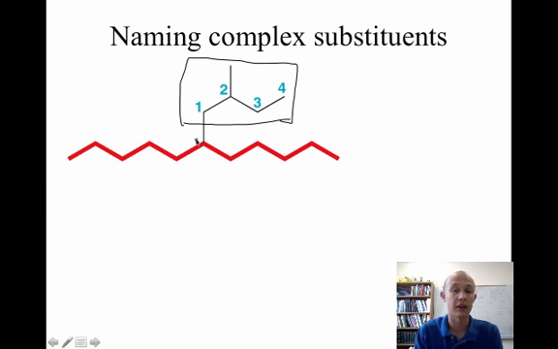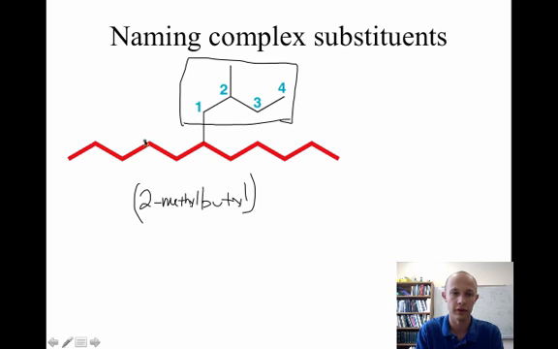So the rules are exactly the same as how we name compounds, right? This is a butyl group, and we have a methyl group branching off the 2, so we call this 2-methyl butyl, and then that whole group goes in parentheses, which is branching off the main chain.